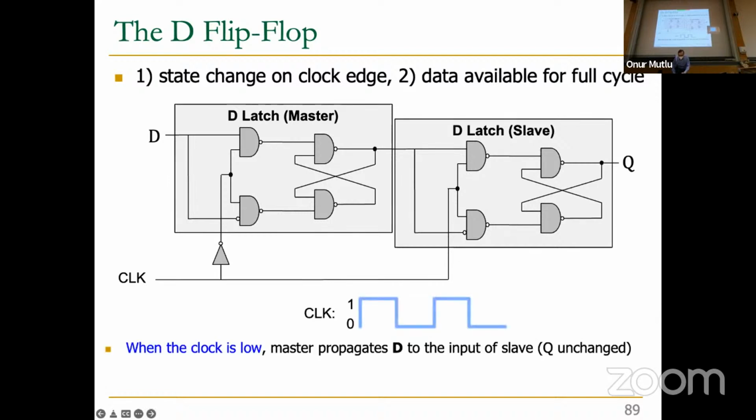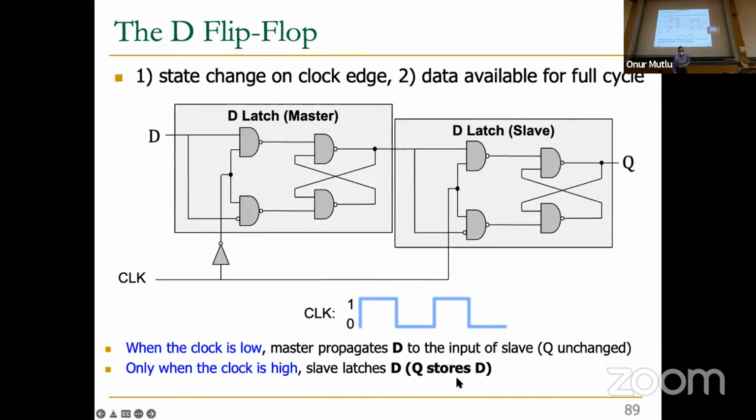That's exactly what I said over here. When the clock is low, this master propagates the value of D to the input of the slave, but Q is unchanged. Basically, you're not changing Q over here. Only when the clock is high does the slave latch D, meaning the value that was propagated in the low period gets propagated into Q, and Q stores D only at that point in time.